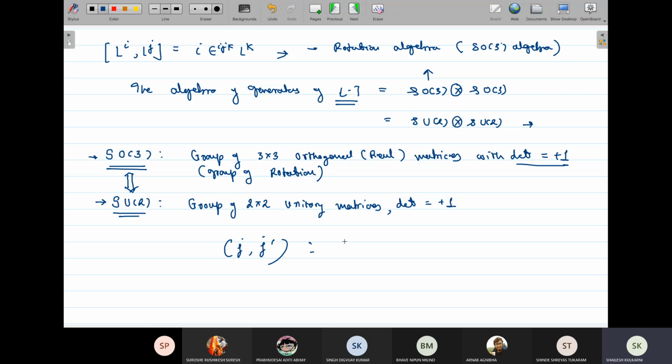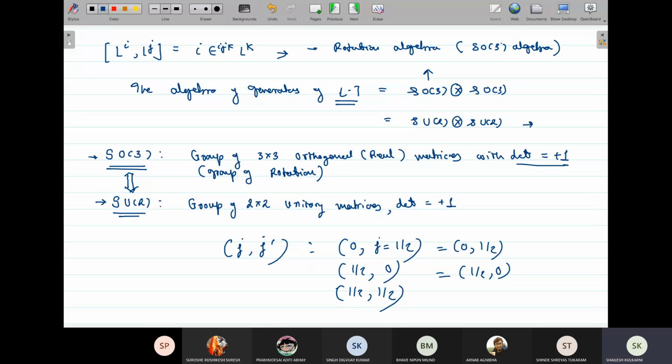So I will have J equal to 0, J prime equal to half; then J equal to half, J prime equal to 0; then half, half. In general, I have J, J prime. If I know how to get the rotation operator in these representations, then I know how to get the rotation operator in any representation.